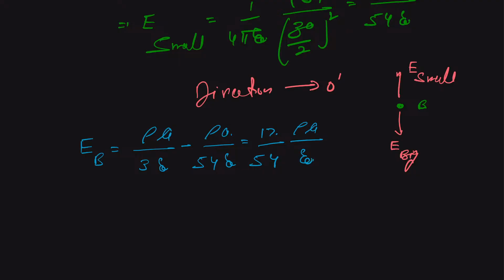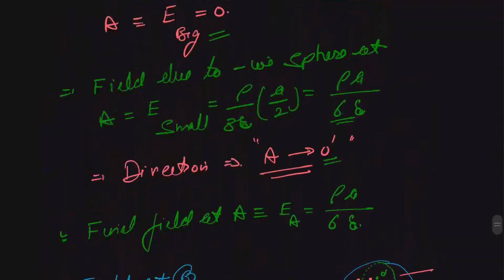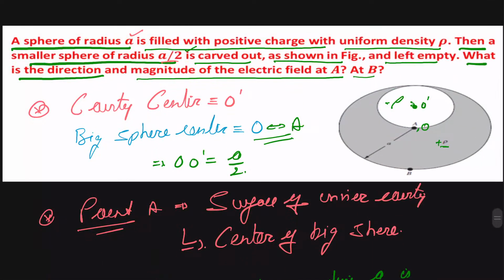Another modified version of this question you can try out. Suppose point A is here, at the point of tangency, and point B is fixed; only the position of point A changes.